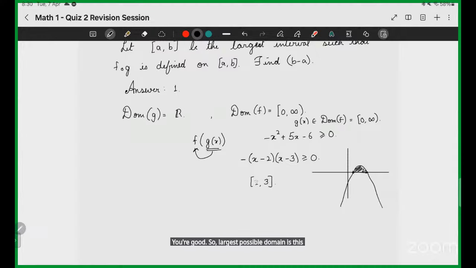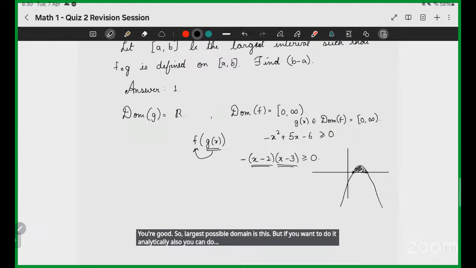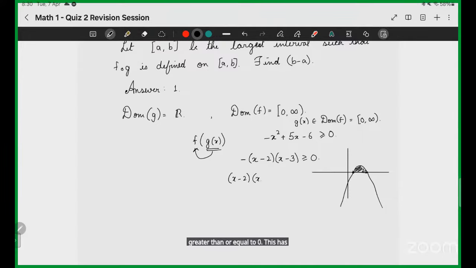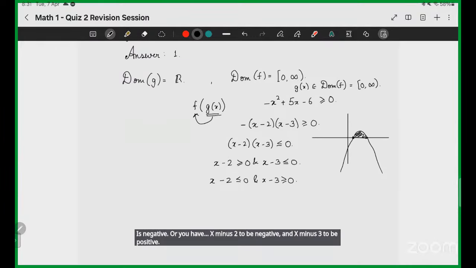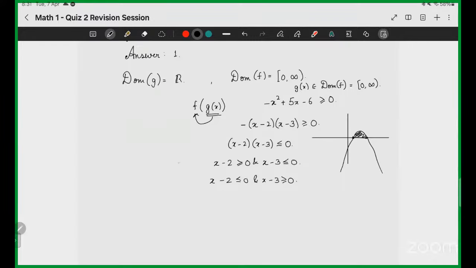But if you want to do it analytically also, you can. If you want the minus of this expression to be greater than or equal to 0, this has to be less than or equal to 0. Which means x minus 2 is positive and x minus 3 is negative, or x minus 2 is negative and x minus 3 is positive.